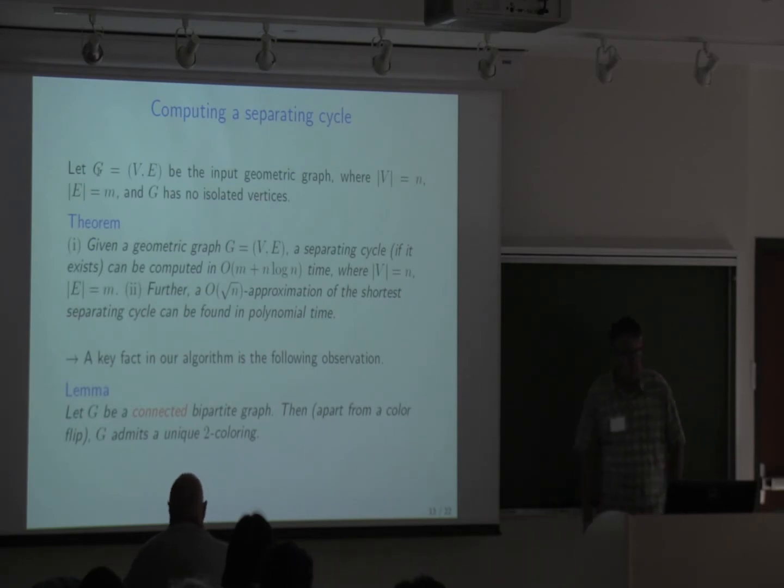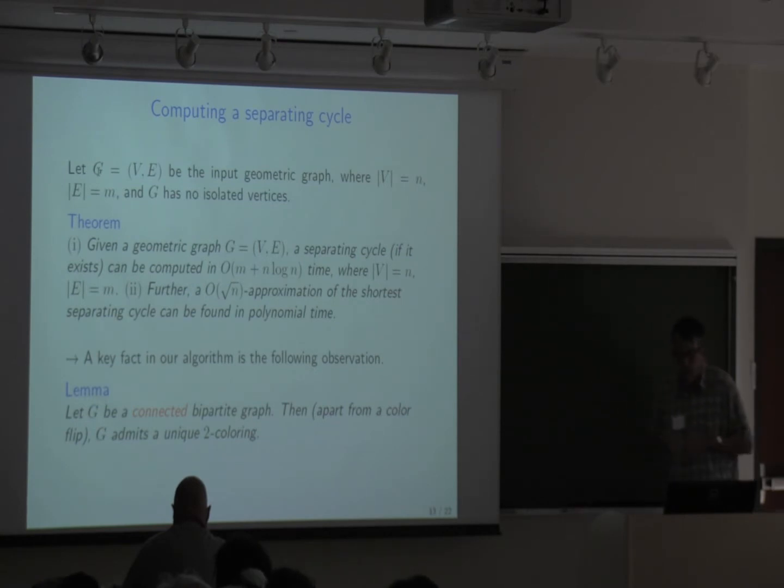So now is the extension of the result, how to extend it. I mean, the one obtained for a geometric graph, right? So we take a geometric graph, and a separating cycle can be computed in linear plus log n time, and a square root of n approximation can be found also efficiently, let's say.